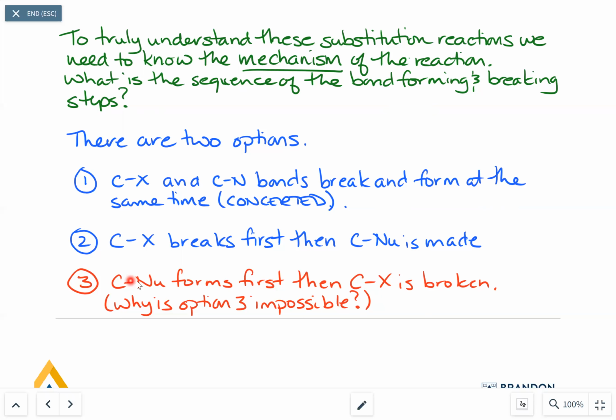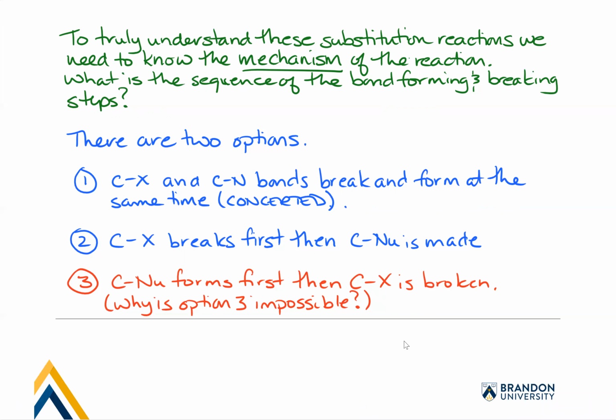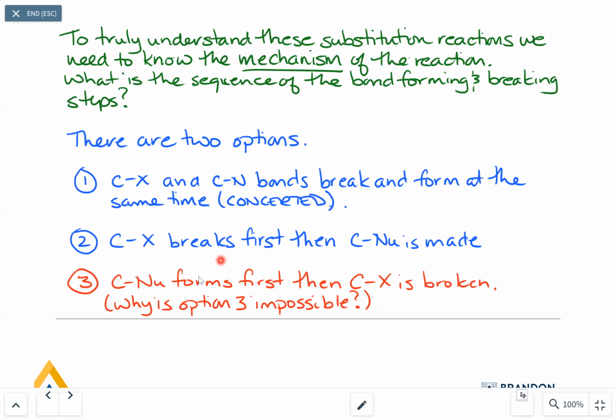Why can't we make the carbon nucleophile bond first, then break the carbon X bond? The answer is, you can't do this.